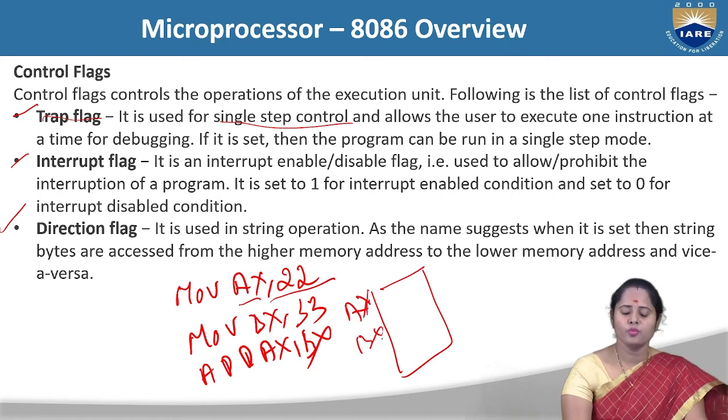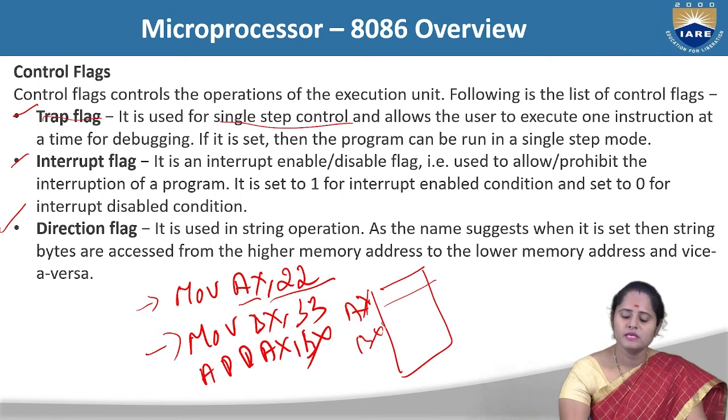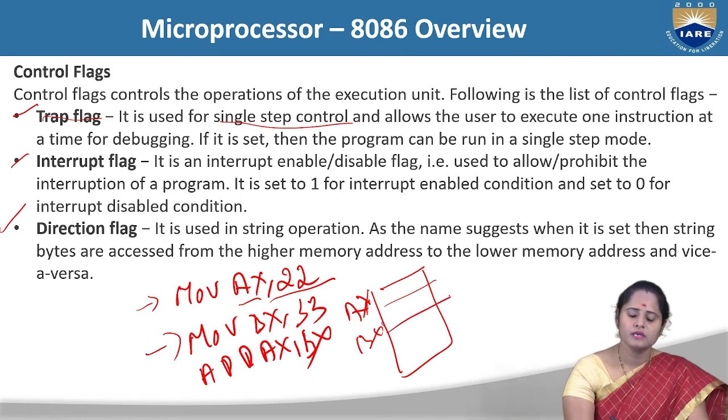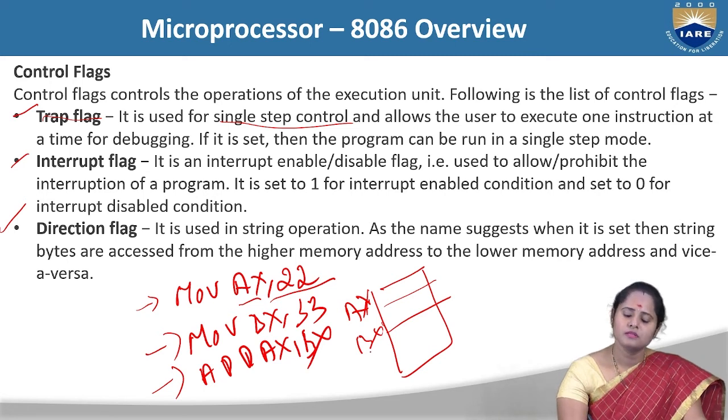When you choose single step execution and one step is executed, you can see what is happening to the AX register. When the second instruction is executed, the BX register content is viewed. Next, in adding AX comma BX, the content of BX is added with AX and stored in AX, and it is shown in AX.